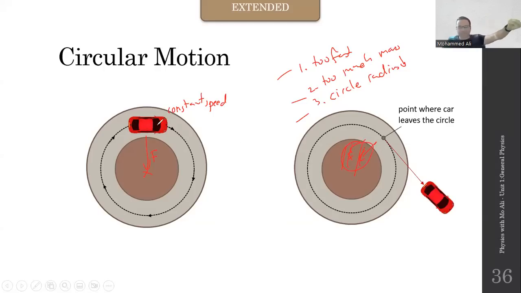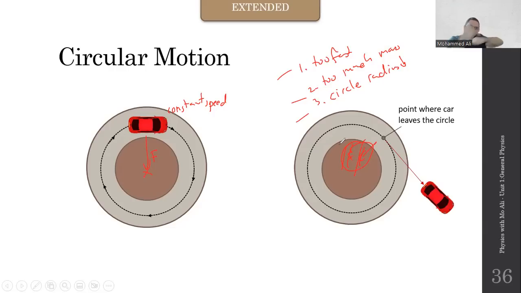In order to keep you in a circle, the force that you need should always be towards the center of the circle. Move too fast, this force will increase. Or if you're too heavy, like a big heavy truck, this force will increase.